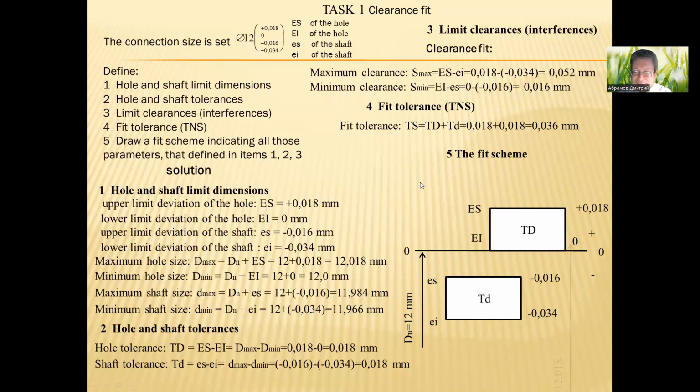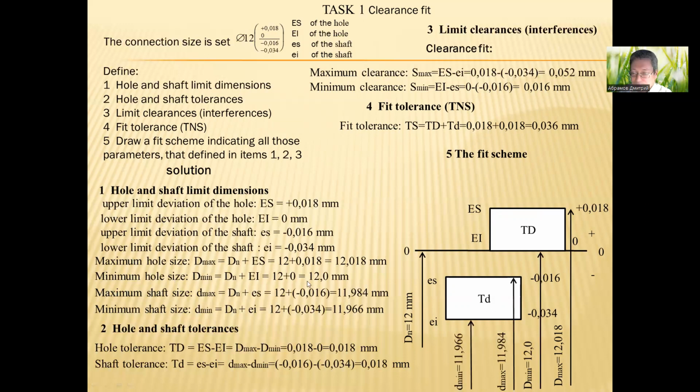It's the fit scheme. And the maximum hole size, minimum hole size, maximum shaft size, and minimum shaft size. It was the first scheme, clearance fit. Next type, it's maximum clearance and minimum clearance in the scheme.